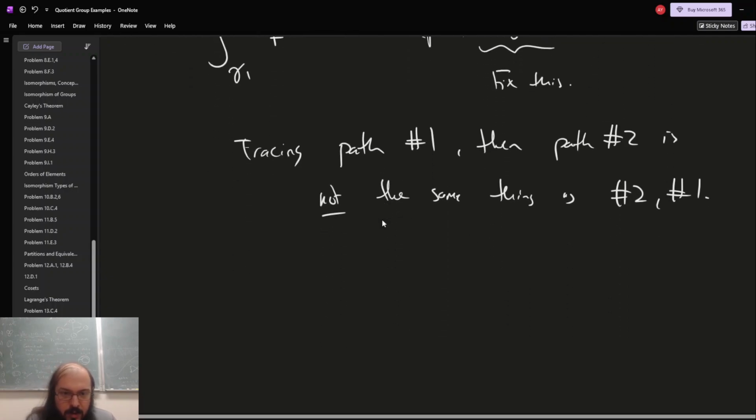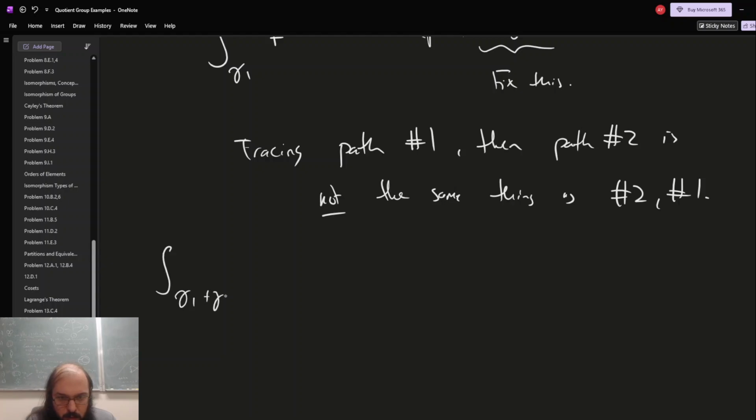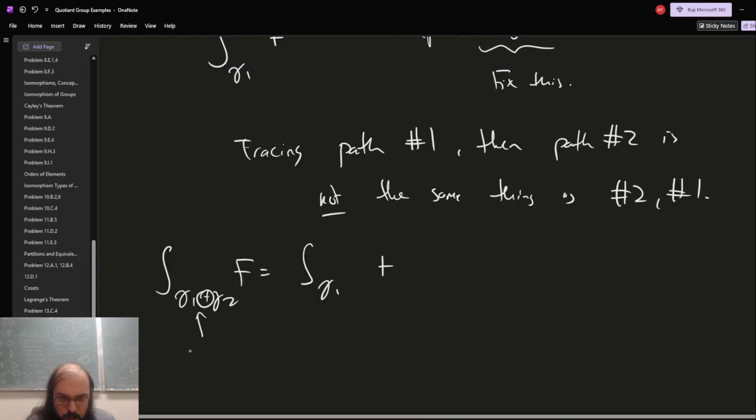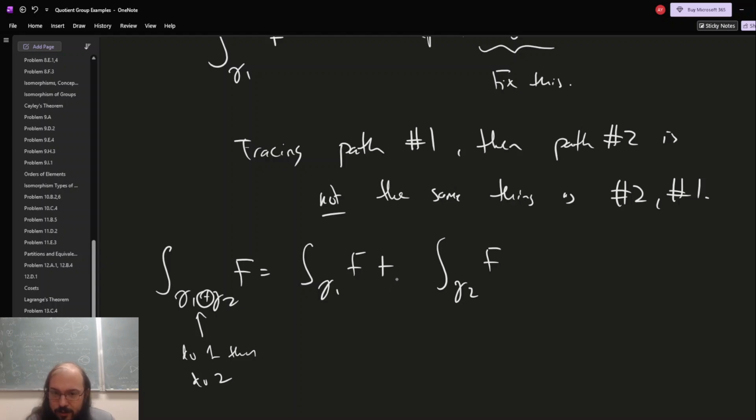On the other hand, the integral, maybe I'll put a plus here, for do one, then do two. The integral is linear, it's additive. And that is the same thing regardless of which order you do it in.